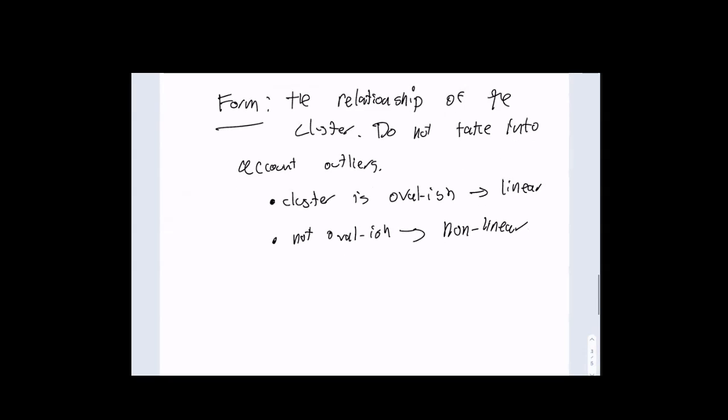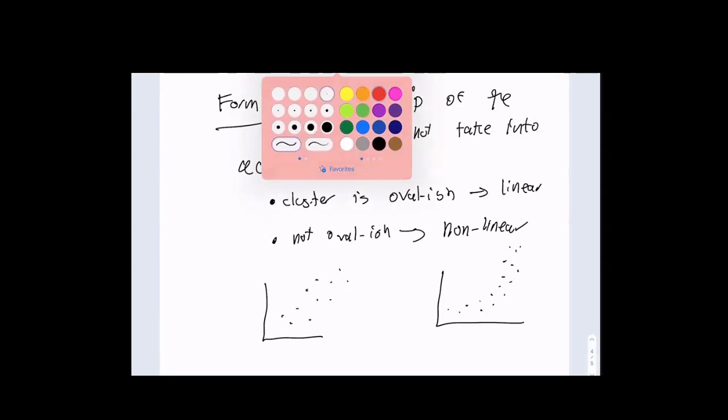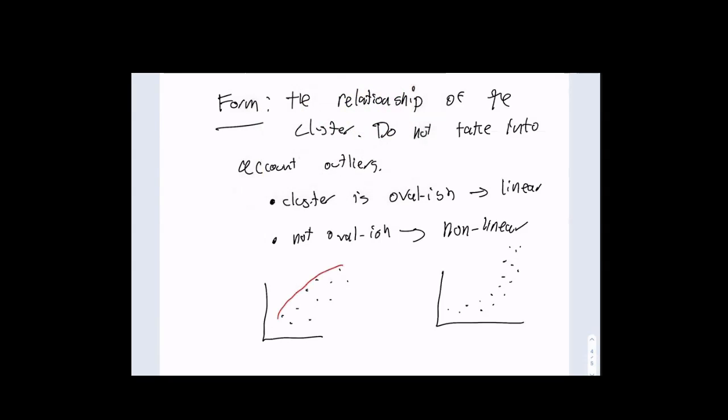Okay, so in this cluster of data, I can see that it's very ovalish, right?